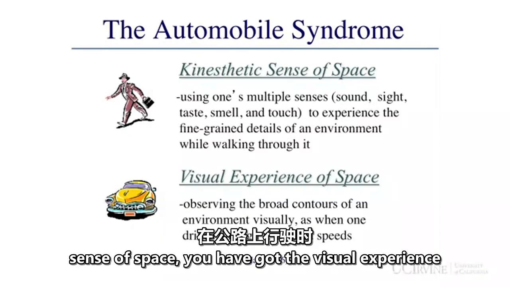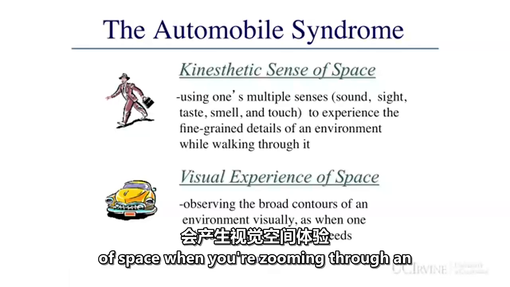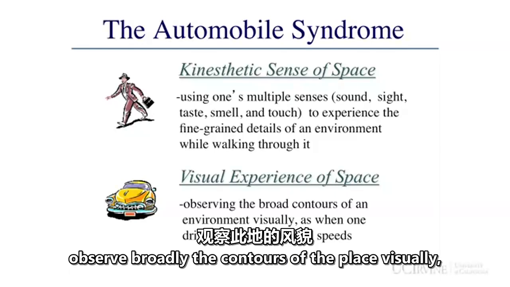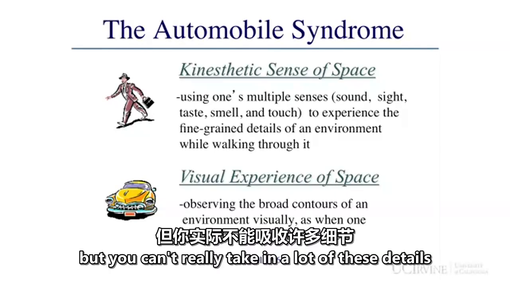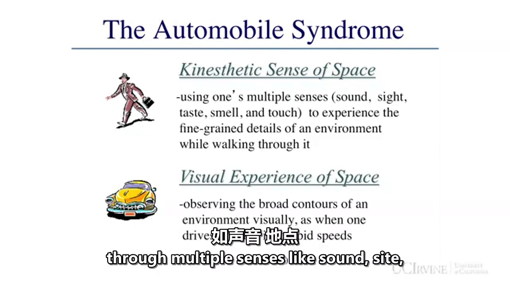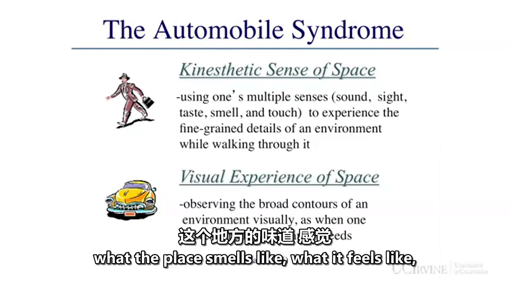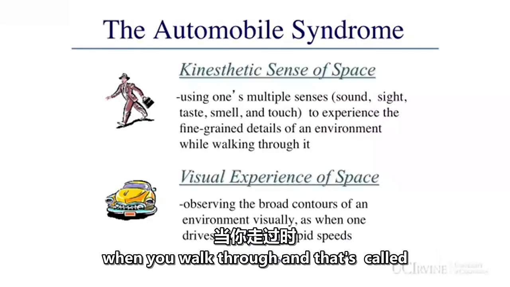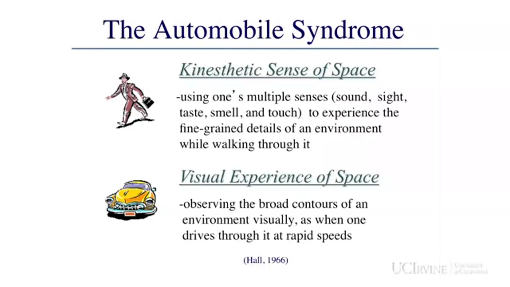You've got the visual experience of space when you're zooming through an environment on a freeway, and you can observe broadly the contours of the place visually, but you can't really take in a lot of these details through multiple senses like sound, sight, what the place smells like, what it feels like. So these are fine-grained details of an environment when you walk through it, and that's called kinesthetic sense.